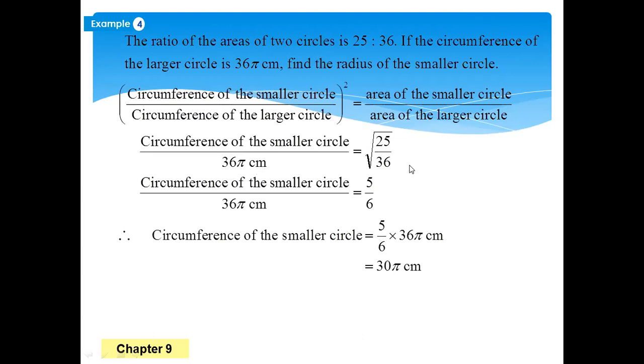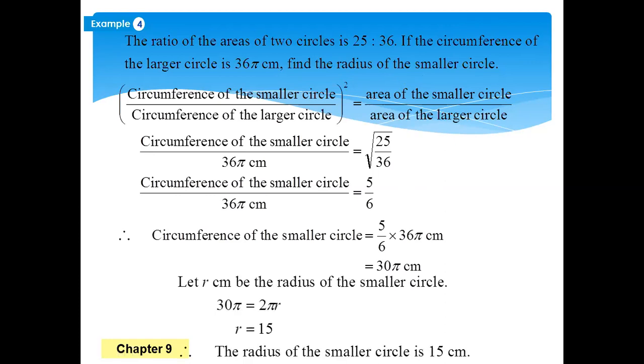But this is not the answer because the question asks you the radius of the smaller circle. By formula, circumference of a circle is 2 pi r. So you can find r. The radius is 15 cm. Okay.